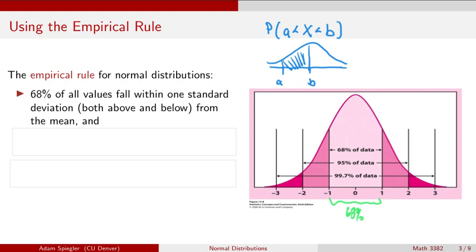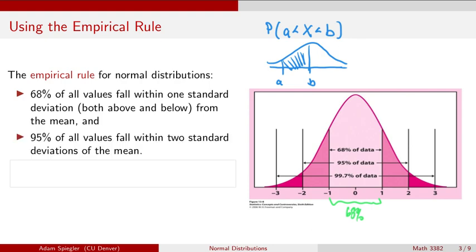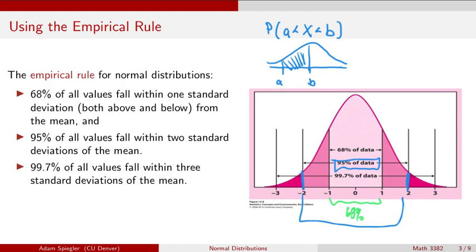If we were to move one more standard deviation out, 2 standard deviations above and below the mean, then inside this region we have 95% of the data. And going one more standard deviation away from the center, from +3 to -3, we've got 99.7% of the data. So nearly all of the data is within 3 standard deviations of the mean.